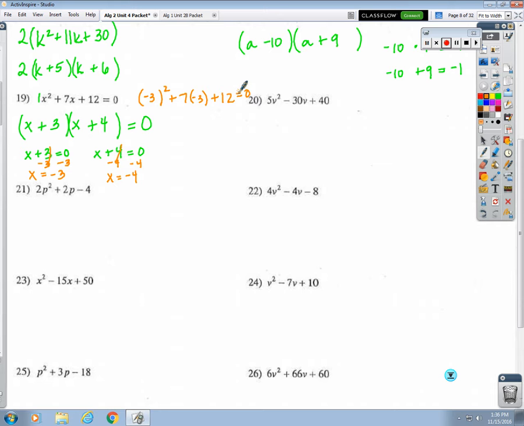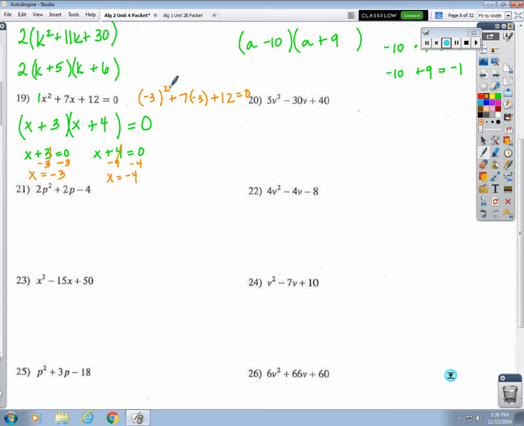Type that in and see if it really equals 0. Okay, does it equal 0 when you plug in a negative 3 for both x's?